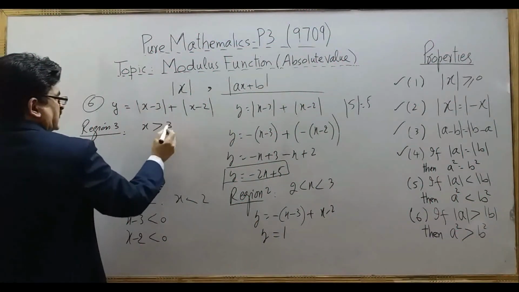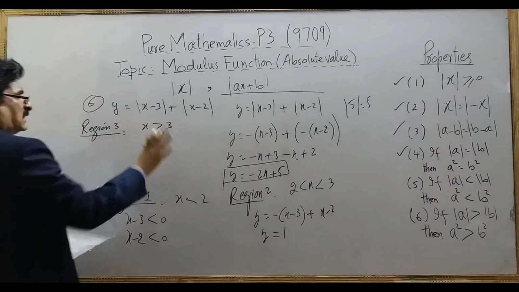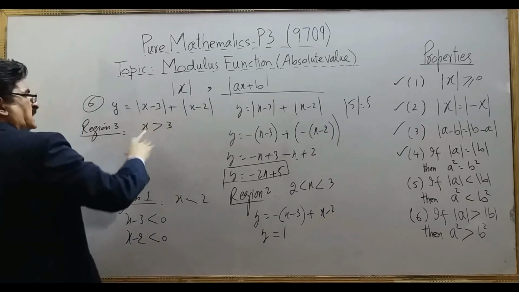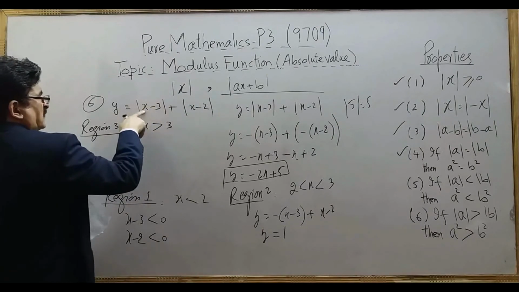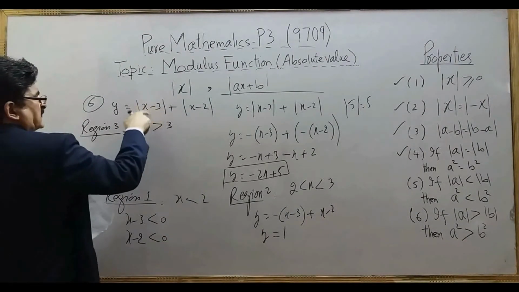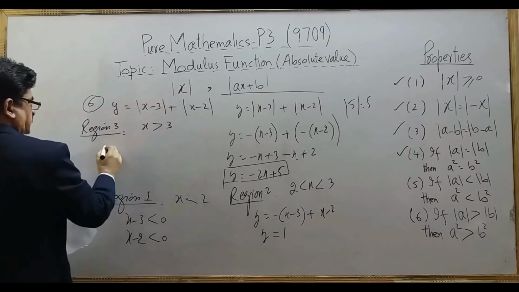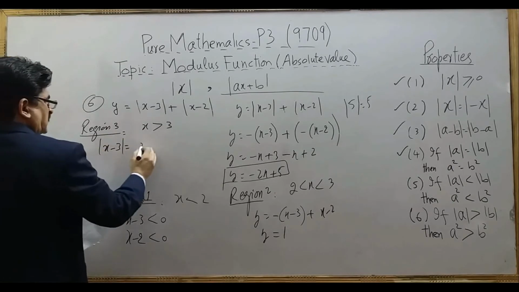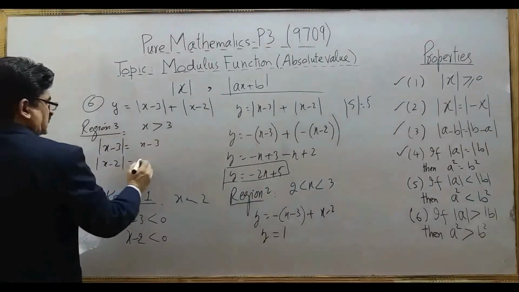Then we have region 3. When x is greater than 3, we have covered all values. There is no value left. It covers all real numbers. When x is greater than 3, for example 4 minus 3 is plus 1, 5 minus 3 is plus 2, this is already positive. So we have mod of x minus 3 equal to x minus 3, and mod of x minus 2 is also positive.